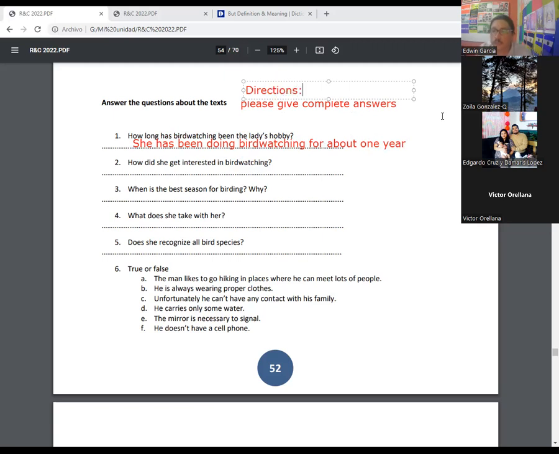Like an indication. Every single time someone is responding, you have to give full sentences, correct? If we are only talking, you can say just that. But in a test, if the direction says complete answer, we have to write all of this.